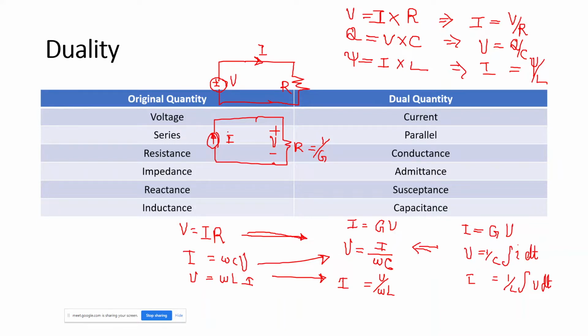Here it is a voltage source, here it's a current source, but the relationship is dual, right? It's the same thing: V equals IR or I equals GV. I'm just changing V with I and I with V.